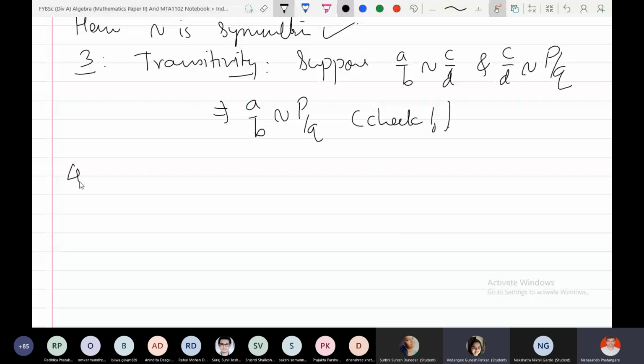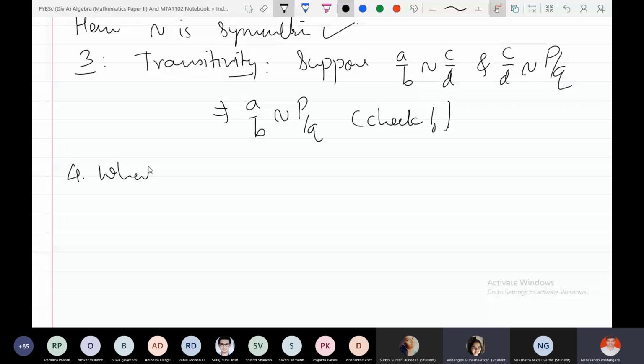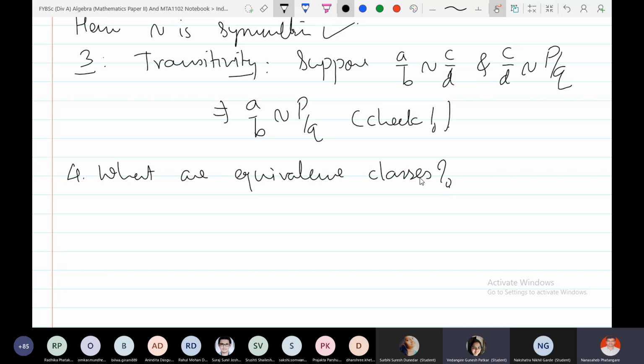So equivalence classes. What are equivalence classes? I am just giving an example for understanding. In an exam, if you are asked for equivalence classes, it is not necessary to give an example. You have to write down the equivalence classes or whatever explanation is necessary.